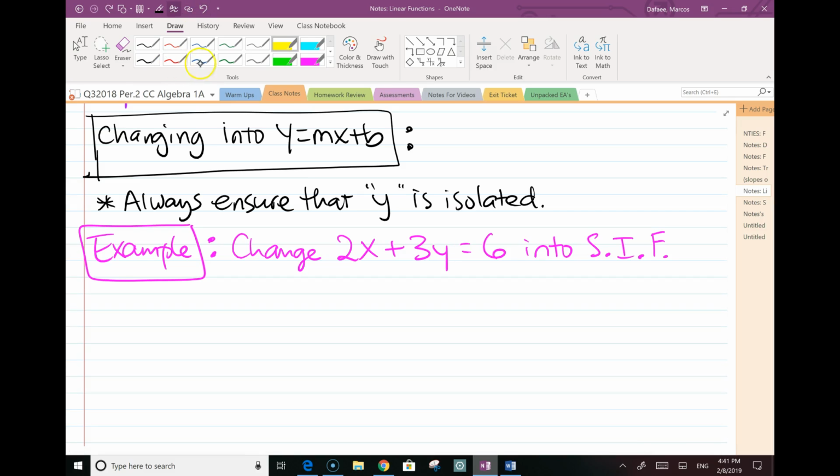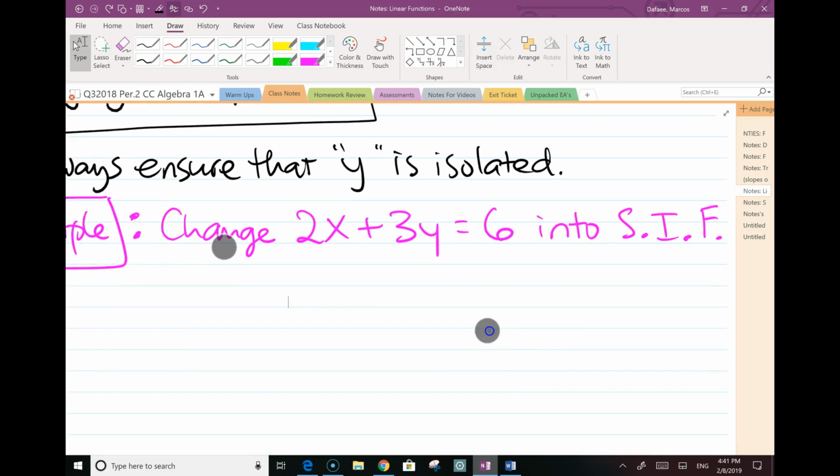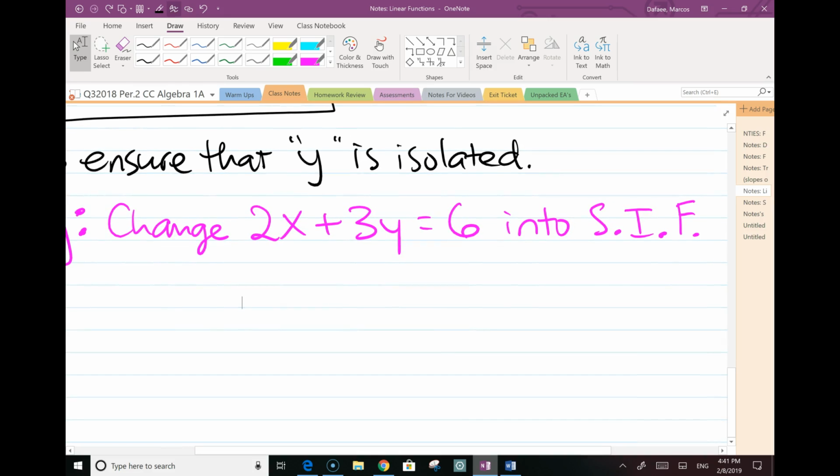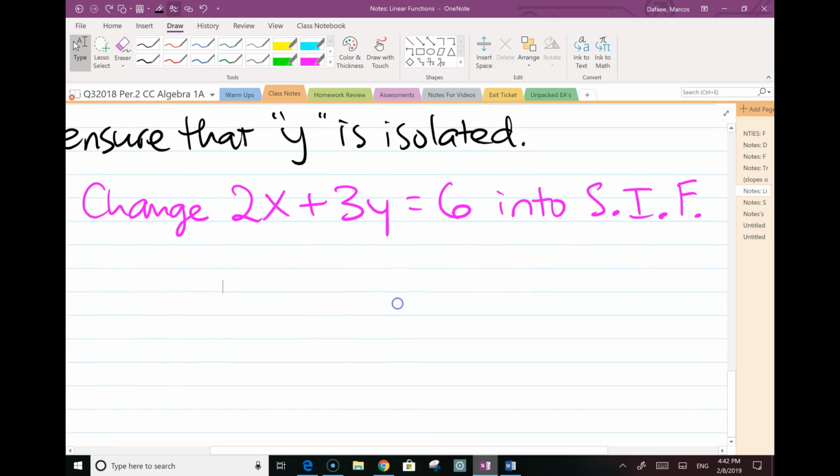Okay, now in order to do this, I simply have to, and SIF is slope-intercept form, by the way, in case you're wondering. So all I have to do to change this to slope-intercept form is begin by focusing my attention on this y and making this my end goal.